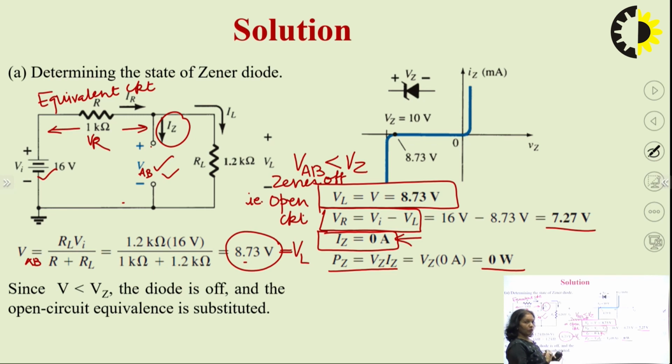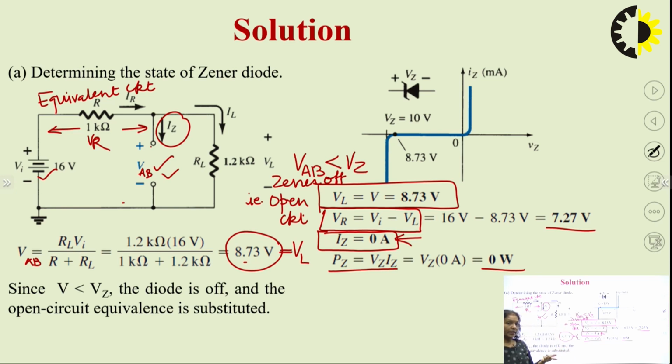Now, we have to repeat the same problem by changing something, so that the Zener diode comes on. There are 2-3 cases. First, we can change the input voltage, or we can change the load resistance, or we may change the resistance in the circuit. So, either of the variables can be changed, and by changing that we may get the circuit so that our Zener diode can come in the on state.